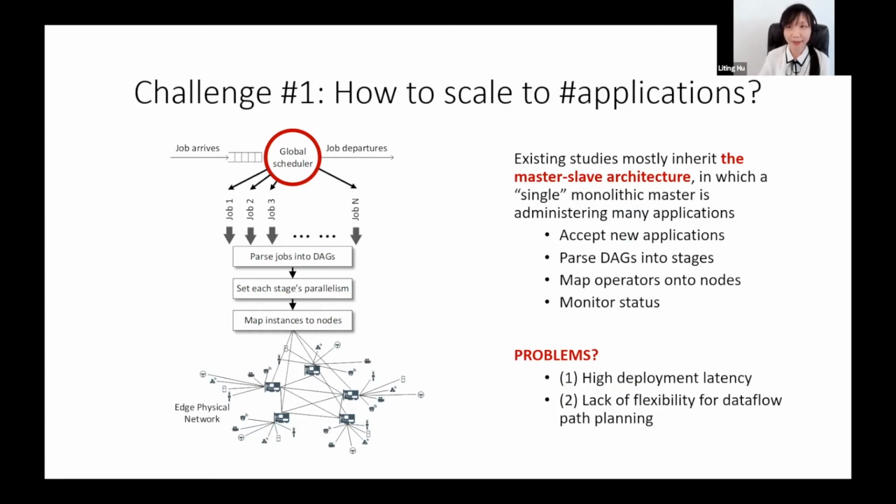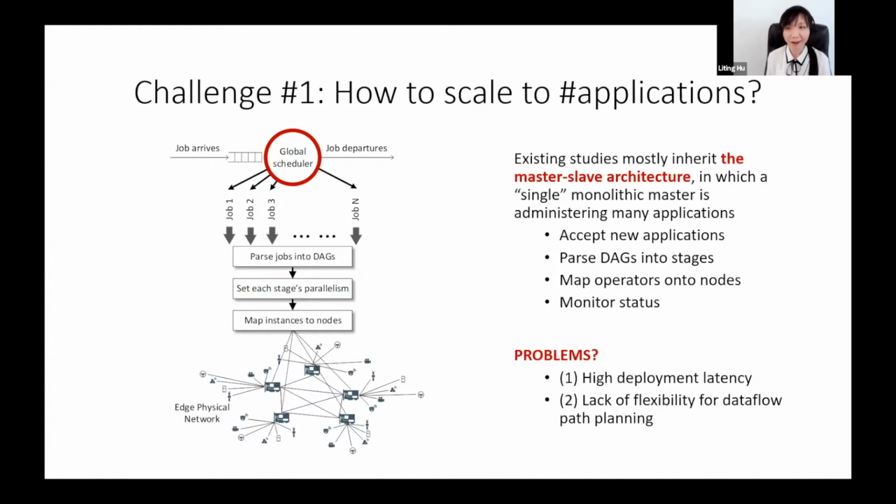However, existing systems such as Storm, Flink, and Spark mostly inherit the centralized master-slave architecture, as shown in this left figure. The central master manages all applications. The responsibilities include accepting new applications, parsing DAGs into stages, mapping operators onto nodes, and monitoring their status.